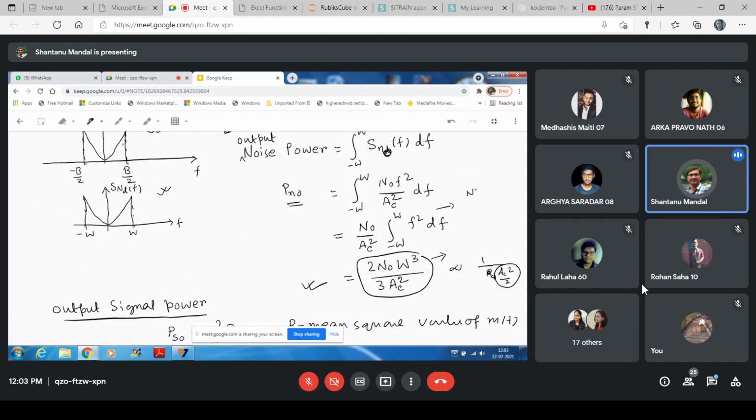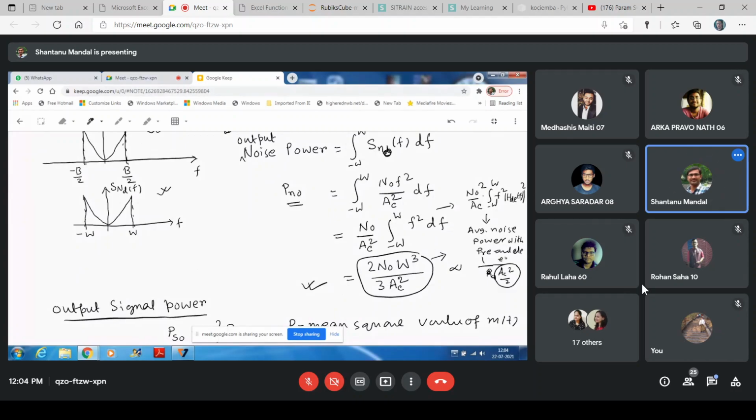That is N0 by AC square times the integral from minus W to plus W of F square times the de-emphasis filter, mod H of D F squared. So this is the average noise power with pre-emphasis and de-emphasis.